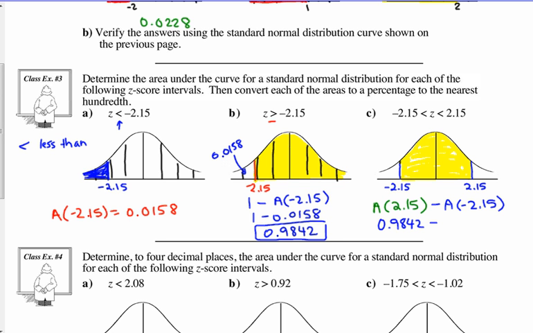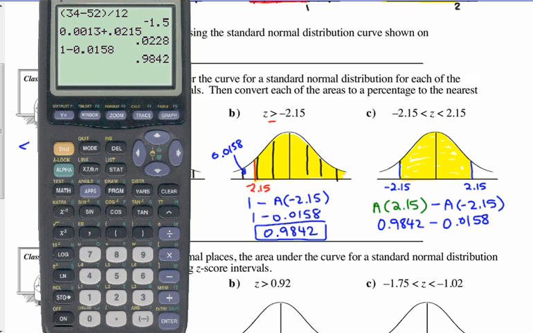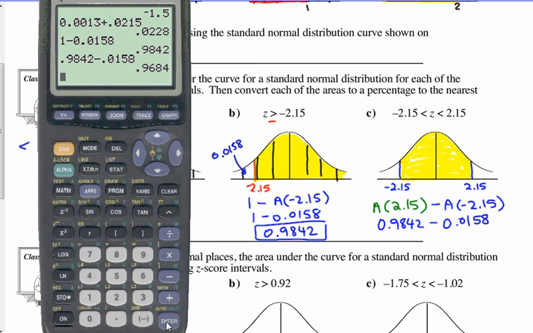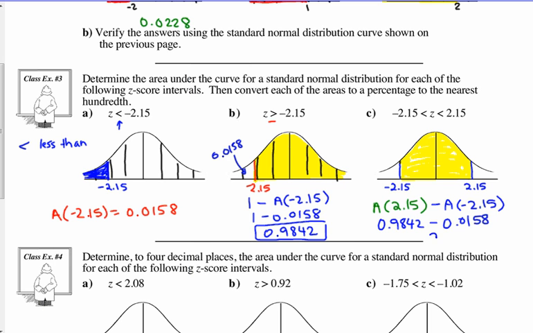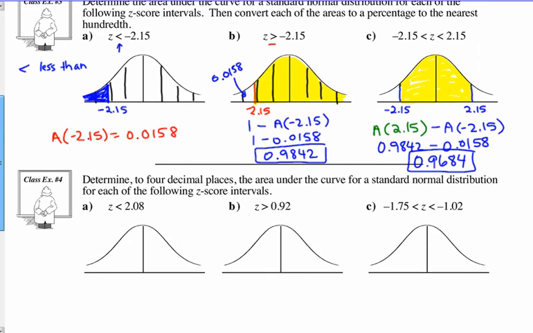And area under negative 2.15, we already found that in the first part, 0.0158. So we're going to subtract those two. 0.9842 minus 0.0158, and that gives us 96.84%. 0.9684 would be the area between negative 2.15 and 2.15.